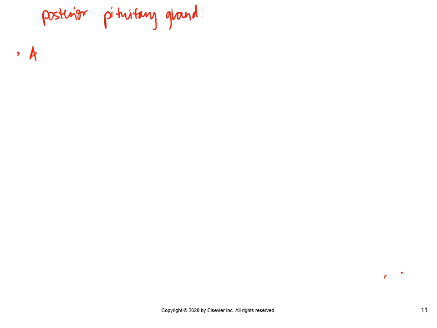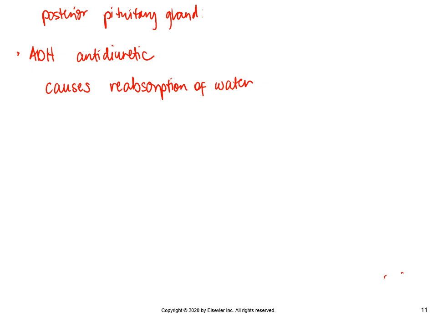Your antidiuretic hormone, or ADH, causes reabsorption of water from the renal tubules of the kidney.